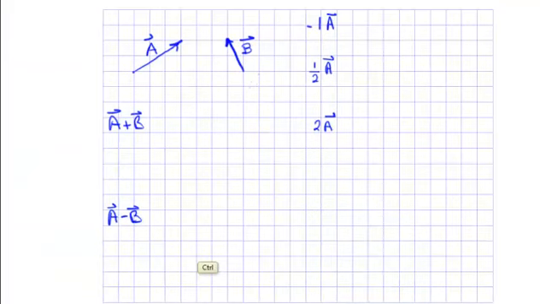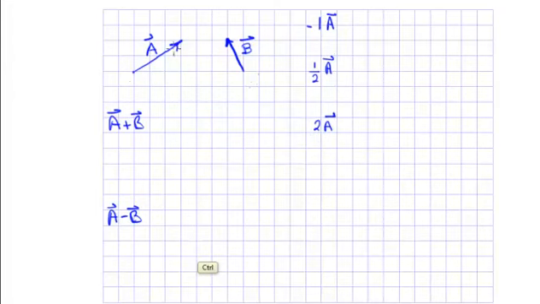Okay, I want to talk a little bit about vectors. Let's say we have a vector A and a vector B, and I'd like to know what minus 1 times A is, what 1/2 A is, and what 2A are.